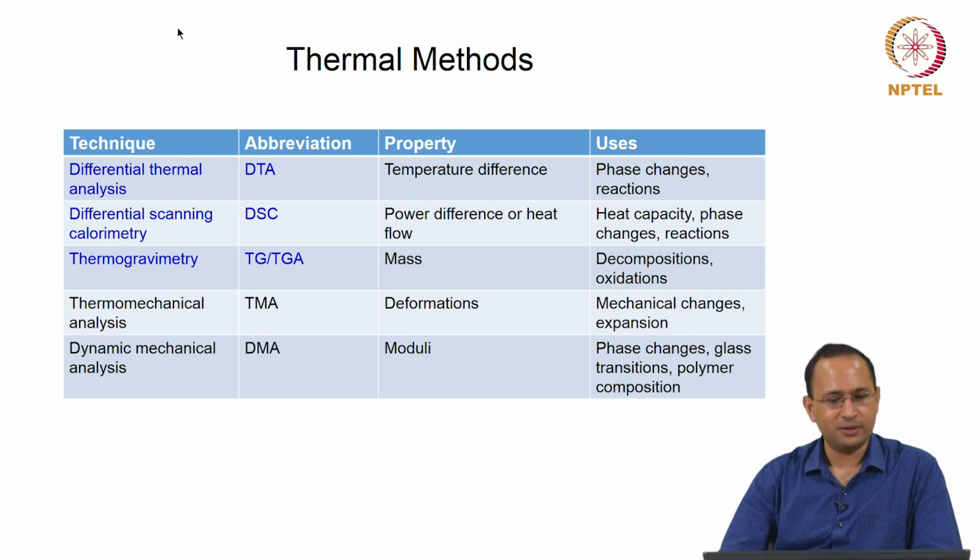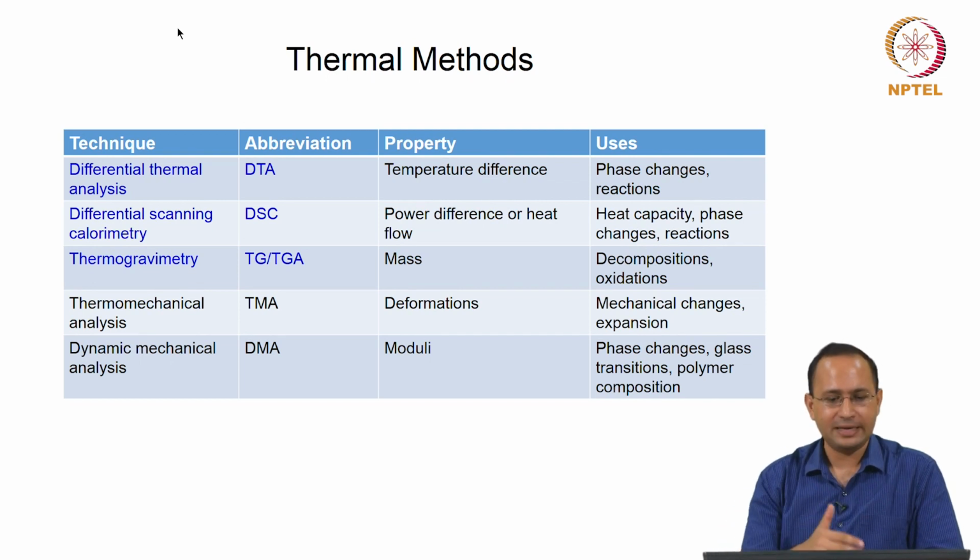For example, differential thermal analysis, abbreviated as DTA, is used for understanding phase changes, reactions, a lot of reactions, right. And what we are doing in this technique is measuring the temperature difference, differential thermal analysis.